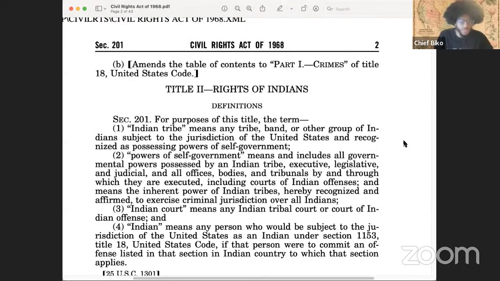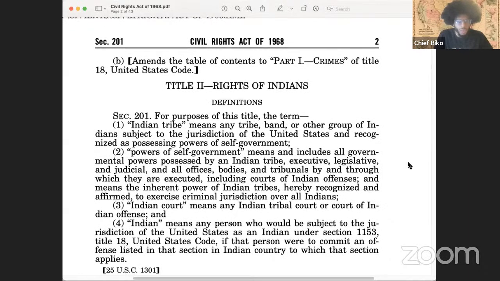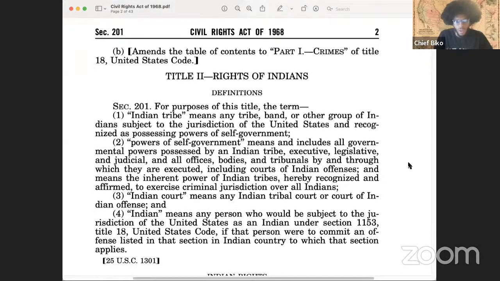Definition number 2, powers of self-government means and includes all governmental powers possessed by an Indian tribe, executive, legislative, and judicial, and all offices, bodies, and tribunals by and through which they are executed, including courts of Indian offenses, and means the inherent power of Indian tribes hereby recognized and affirmed to exercise criminal jurisdiction over all Indians.